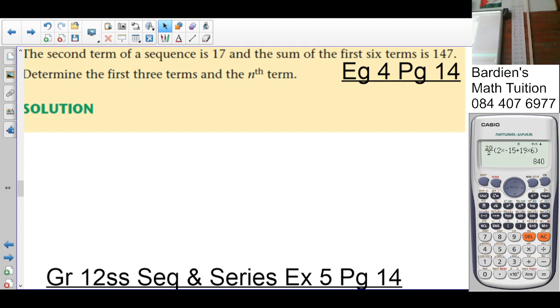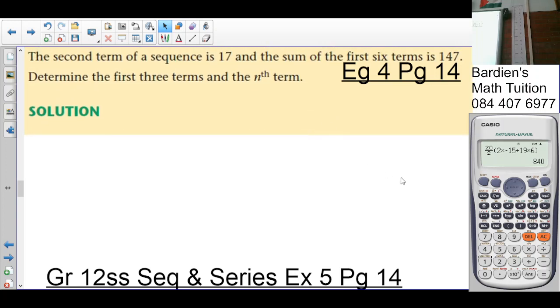Right, sorry about that. We are in example 4 on page 14. We're told the second term of a sequence is 17. So if the second term of a sequence is 17, this is going to be T2. So T2 is 17. Here we are not told if it was arithmetic or geometric, but you can just write it in there.